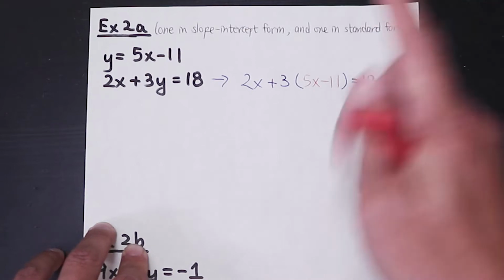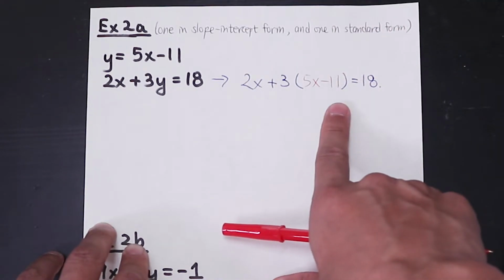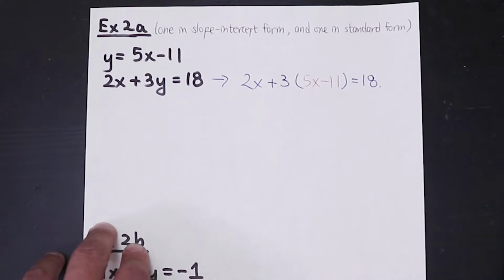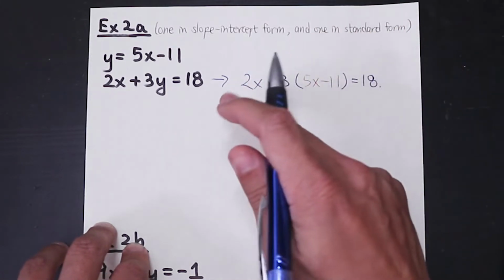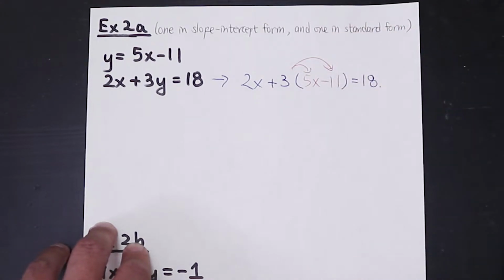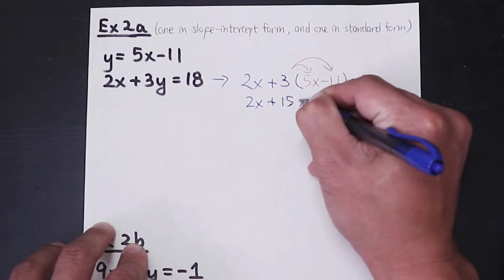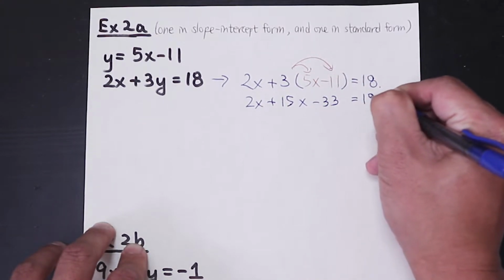So look at this. Isn't this an equation that you could solve because everything is in one letter, everything is in x? Yes, and you have been doing that since topic 1. So now that you've substituted, you're going to distribute the 3 into the 5x and the minus 11. So 2x plus 15x minus 33 is equal to 18.